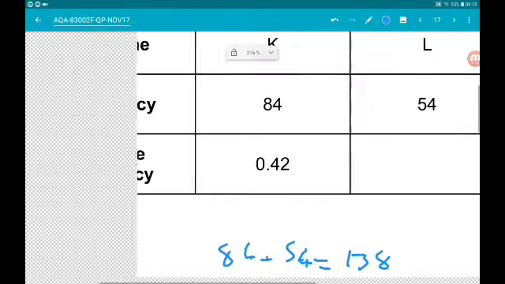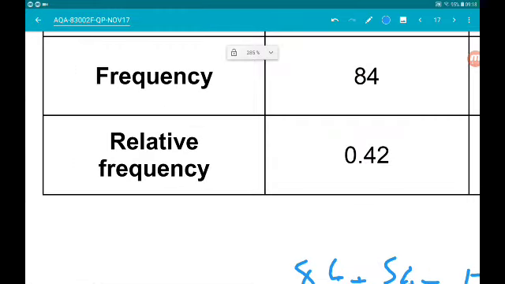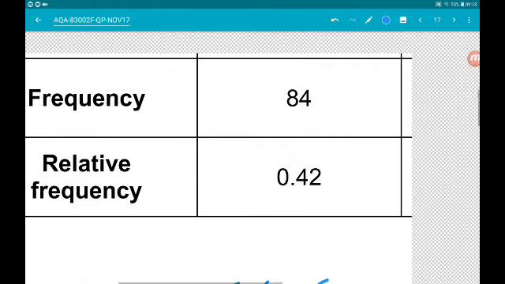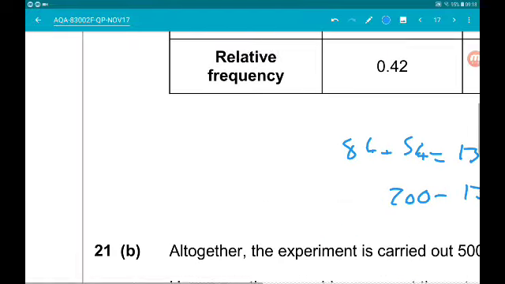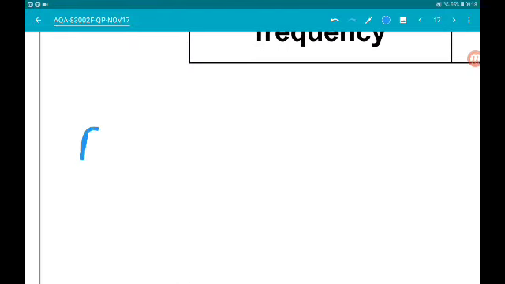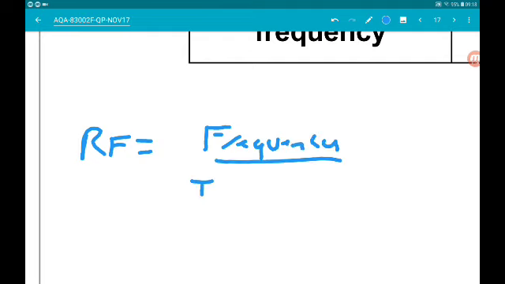Okay, then the bottom row, we have a relative frequency. Now relative frequency is nothing scary. Relative frequency is the number of times one of the outcomes happened, so frequency, out of the total number of experiments.